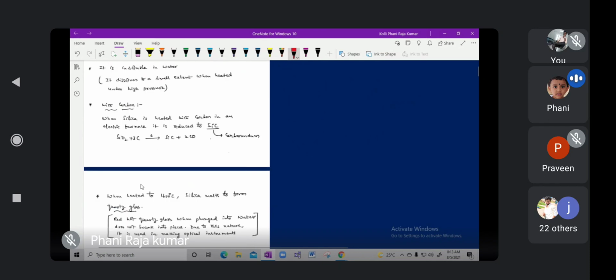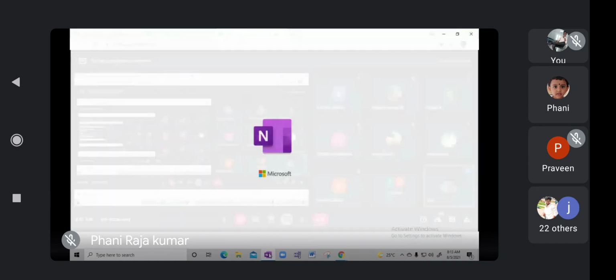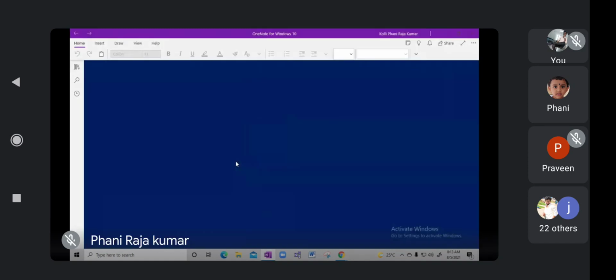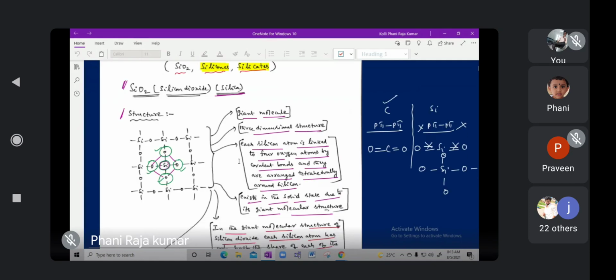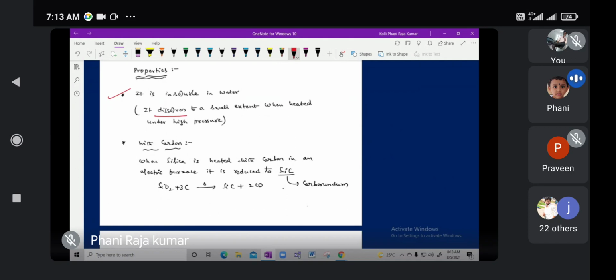Now let us move to a few properties. Some properties. It is insoluble in water. It dissolves to a small extent when heated under high pressure.